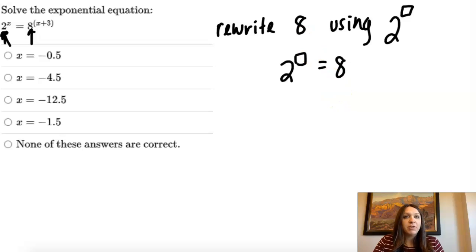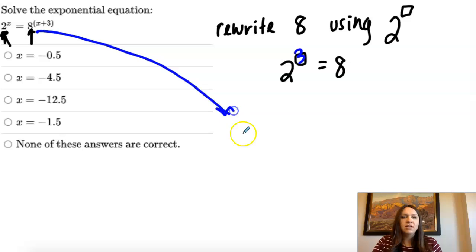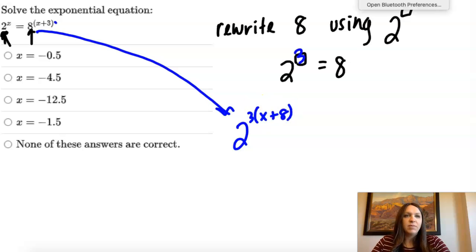And you might have to do some calculations, but I know that 2 to the third is 8. So I'm going to replace this 8 as 2 to the third, and then there's still an x plus 8 right here that I'm using.